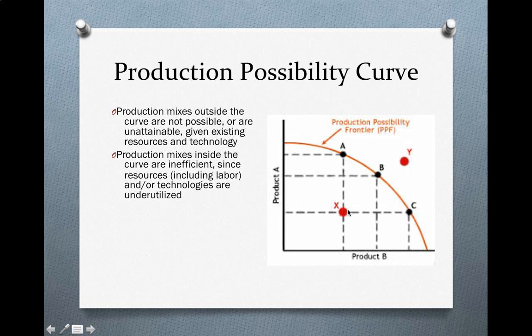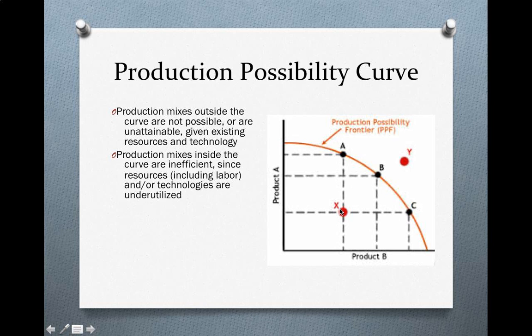So if this were the level of product A, we could actually come out and produce at this level of B, but for whatever reason, we've decided that we are going to produce this many of product A and this many of product B. And a reason that we would produce this, even though we know that we have the capacity to produce all the way out to the curve, is because of demand. During times of recession, during times of unemployment, we don't have the demand, so there's no reason just because we can produce at this level that we would.